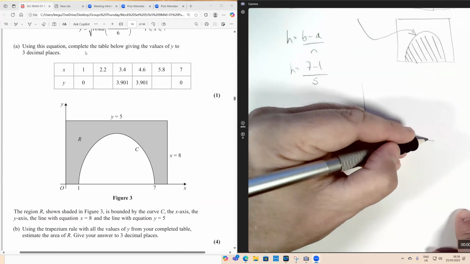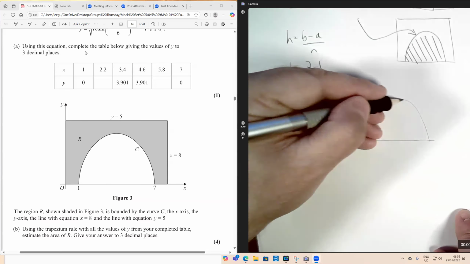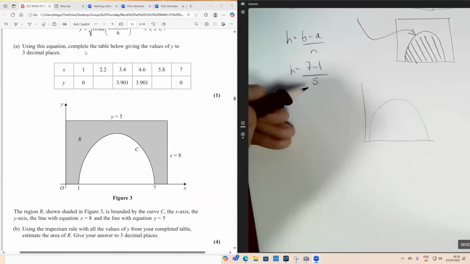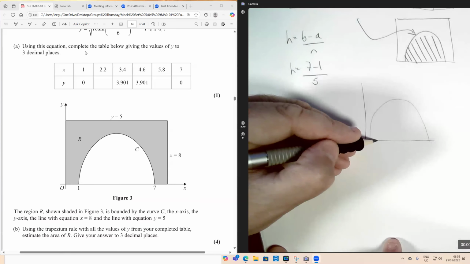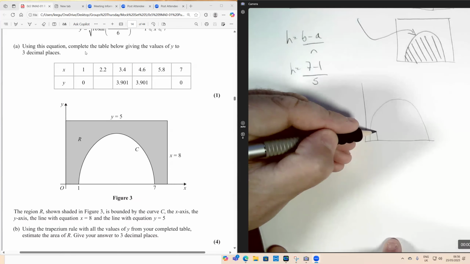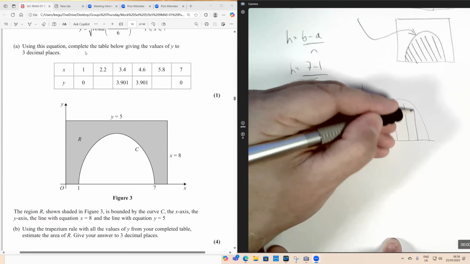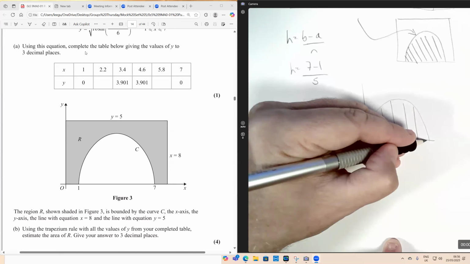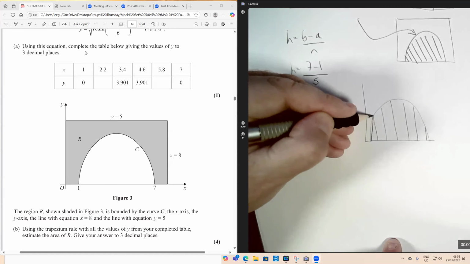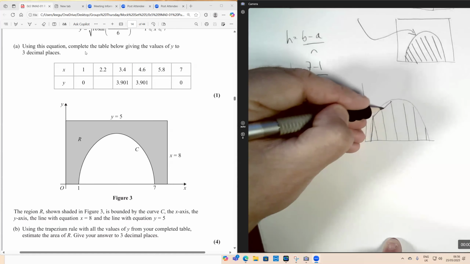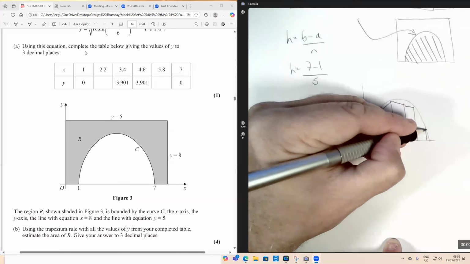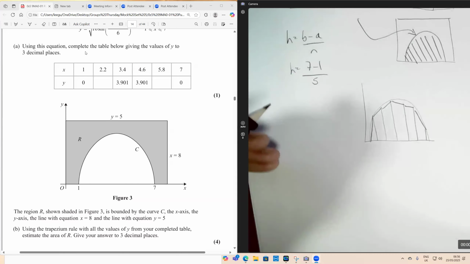So let's imagine that we have here's our curve, and we have got 6 values in our table. So we've got 1, 2, 3, 4, 5, 6. I think I might have drawn too many here for this illustration, but it will still serve its point.